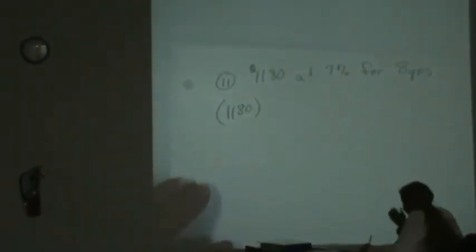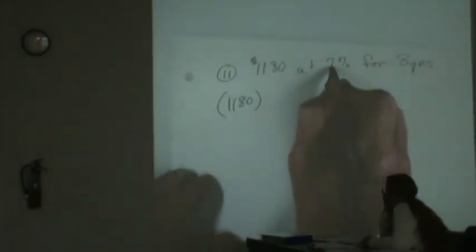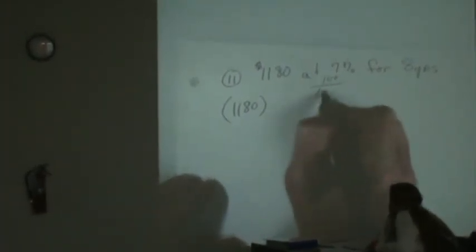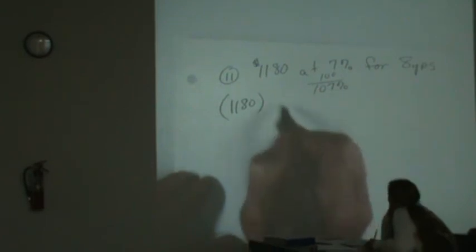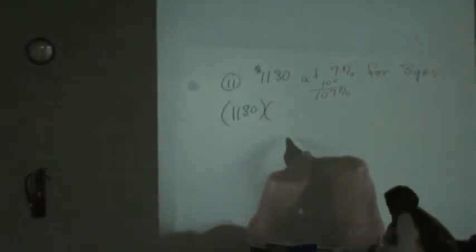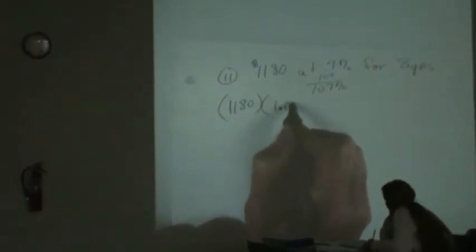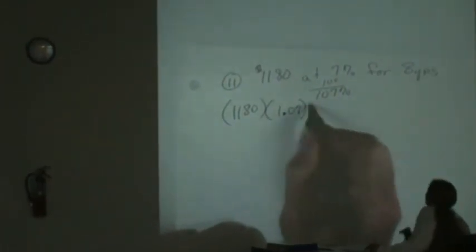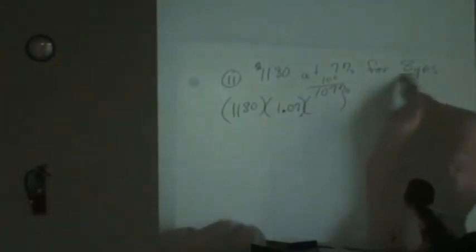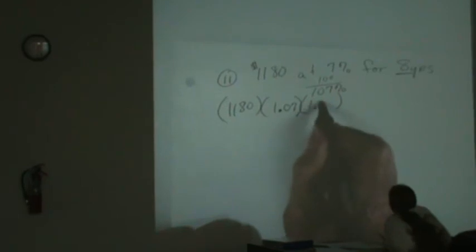Instead of multiplying it out, let's just write down what all we would put on a calculator. The principal, 7%, we're adding 100, so we got 107%. What's the decimal of that? 1.07. How many times are we going to... 8.